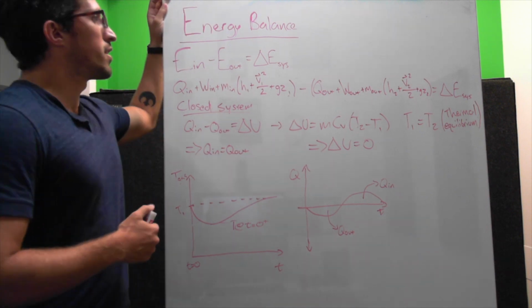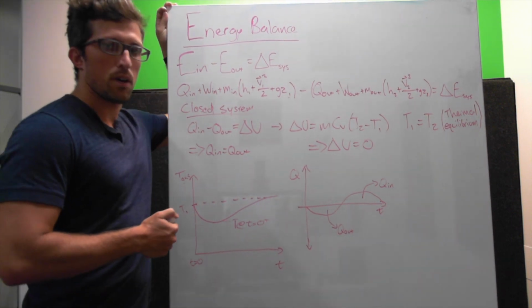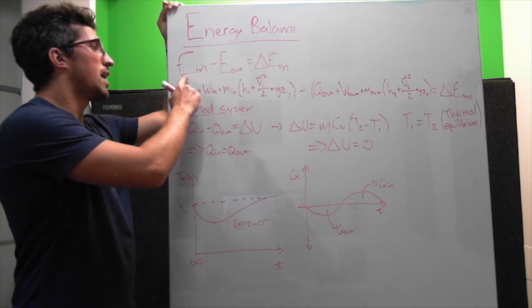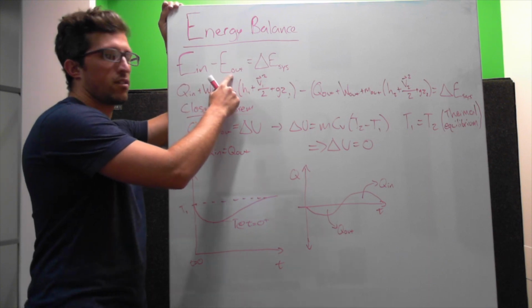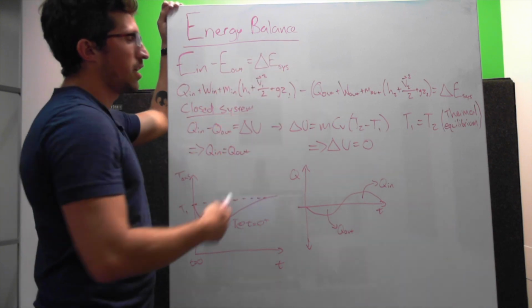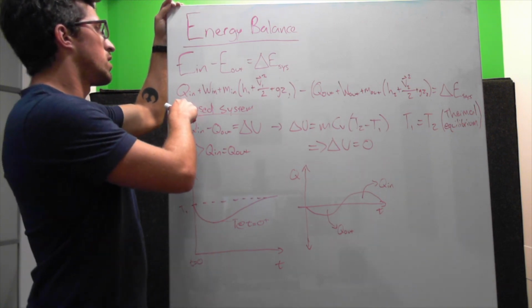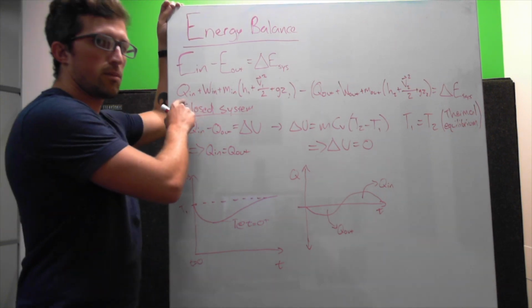Alright, so I'm going to talk about the energy balance and entropy balance for our project. So on any energy balance, we're going to have the energy in minus the energy out, and that's going to equal the change in energy of our system. This is a simple way to write out the energy balance.